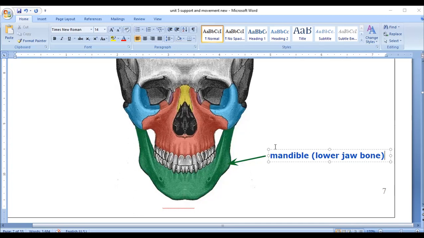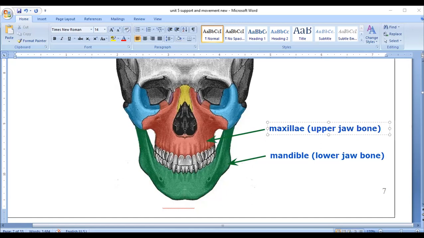Okay. The mandible, or the lower jaw bone, is the only bone in our entire skull that can move. Others cannot move. Okay, this bone is called maxillae. Maxillae. It is the upper jaw bone.